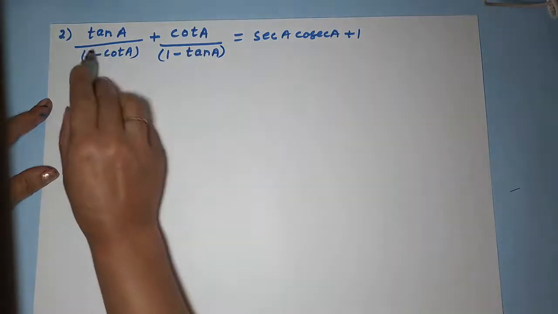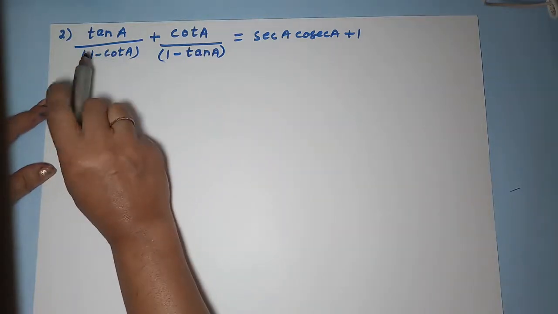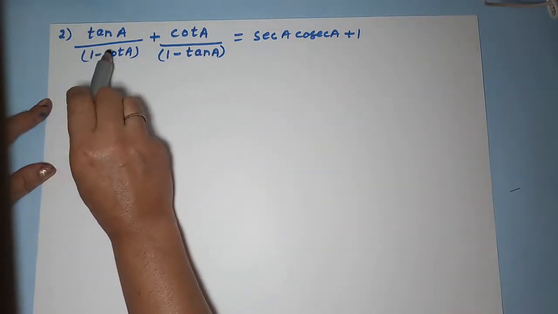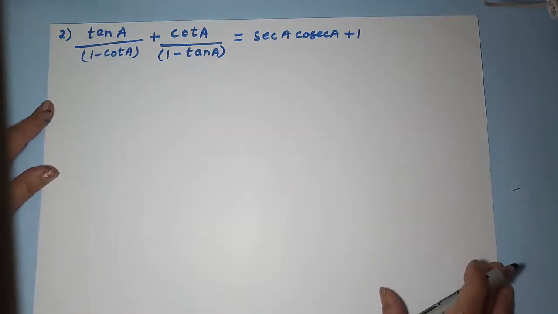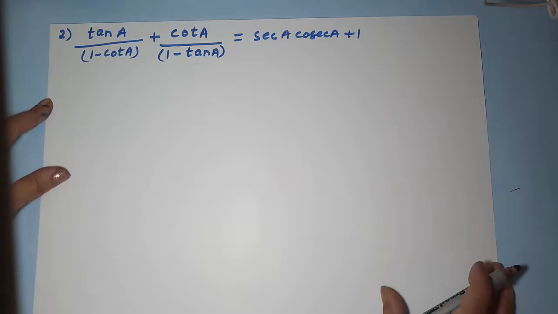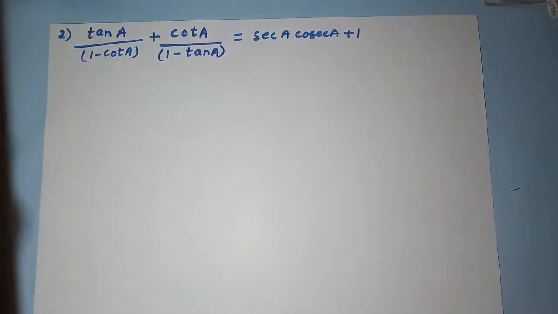Here I cannot use any identity because I don't see any 1 minus cot square A, tan square A. So simply I will convert everything into sin and cos. So what will I do? I will convert this tan A into sin and cos.